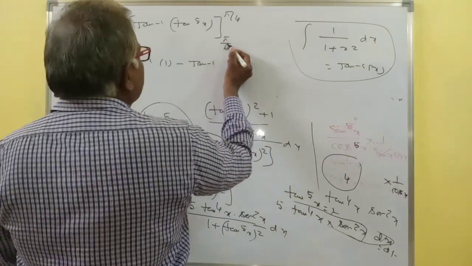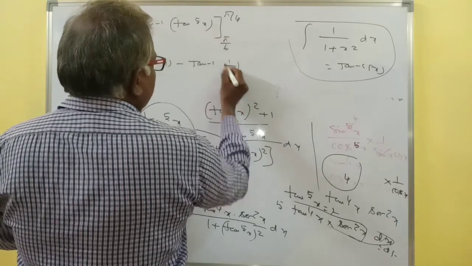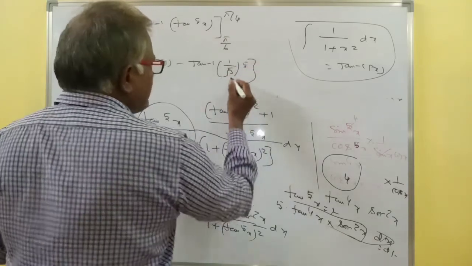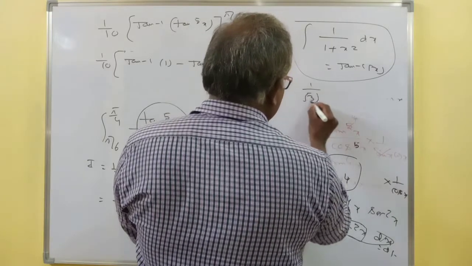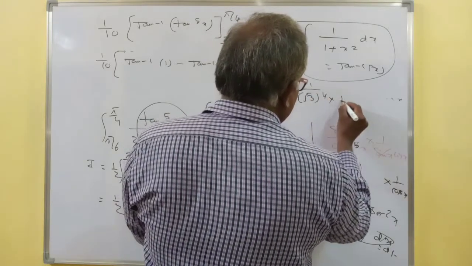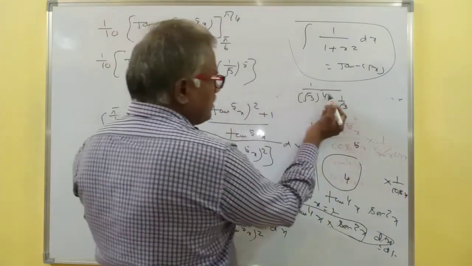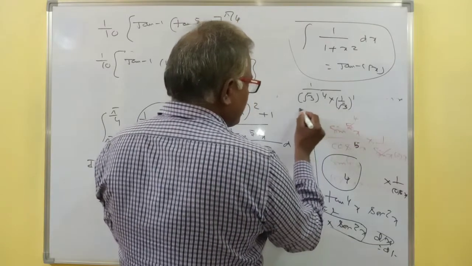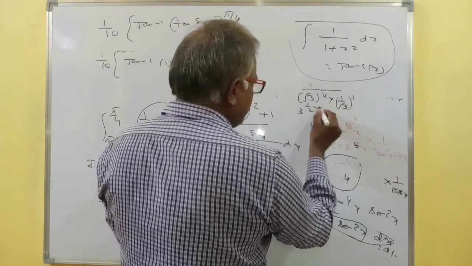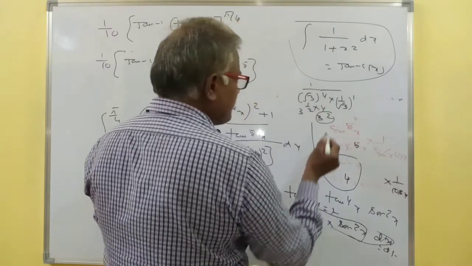Tan 30 means 1 by root 3, so 1 by root 3 whole power 5 means 1 by root 3 whole power 4 into 1 by root 3, since 5 we can write as 4 plus 1. Root 3 whole power 4 means 3 square.